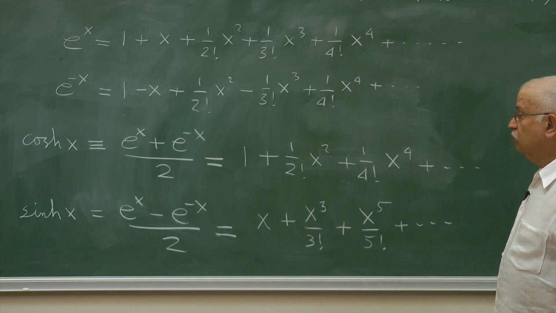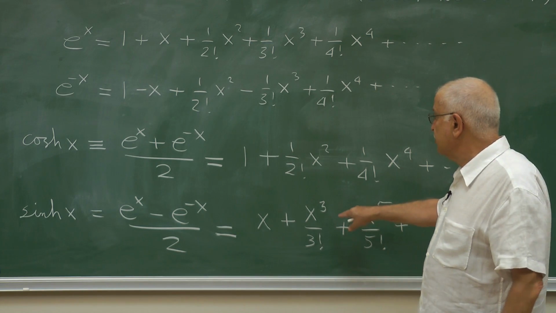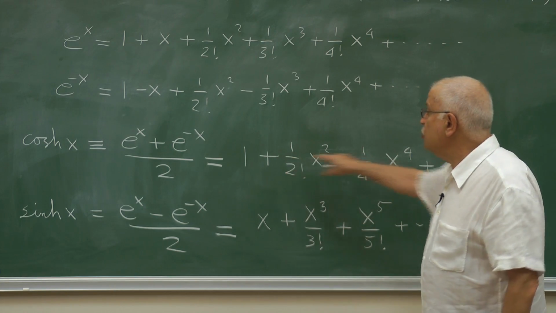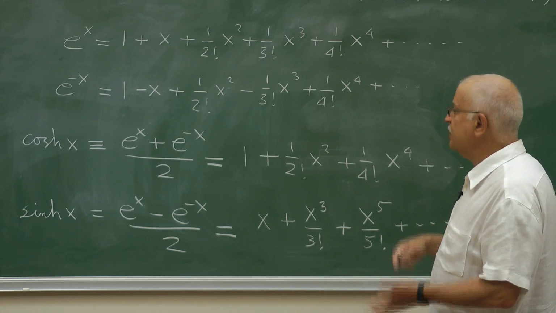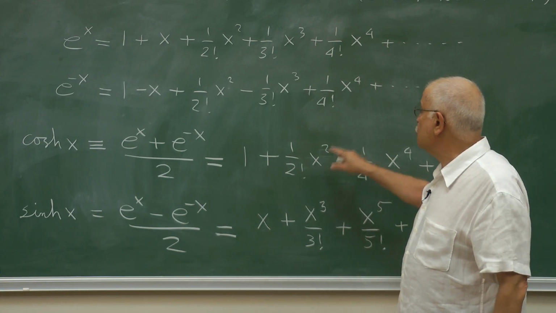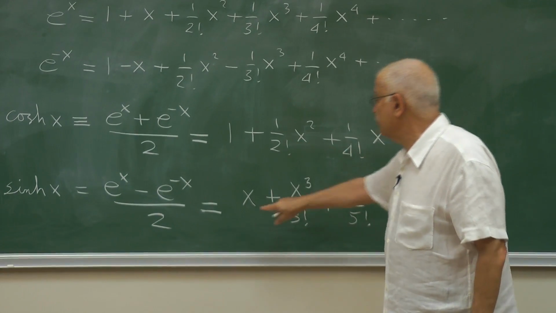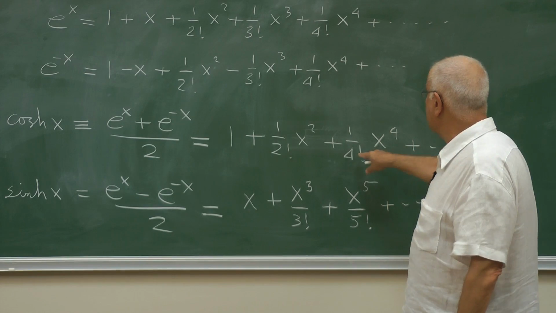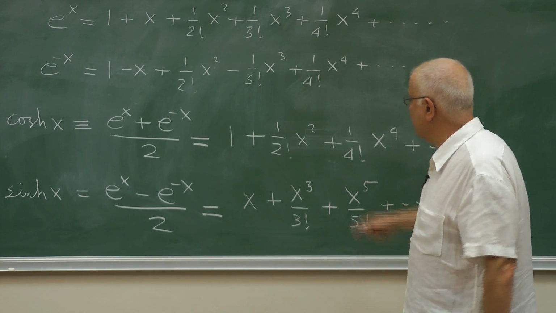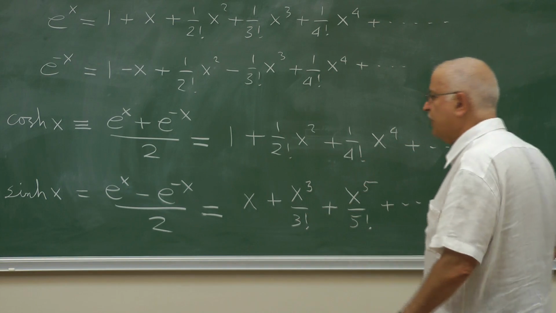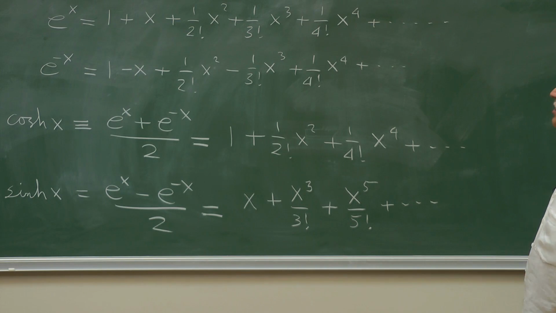We could also get this result by differentiating cosh. Derivative of cosh is sinh. So x squared over 2, when you differentiate it, is x. X to the 4th over 4 factorial, when you differentiate it, will give you x cubed over 3 factorial. So this thing is quite self-consistent.